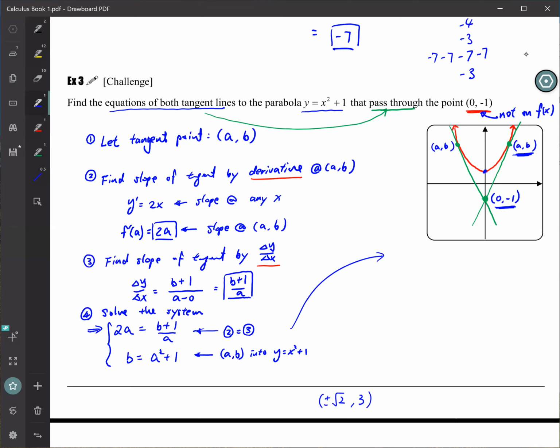Esty, how about you? Oh, wait, I saw something I did wrong. Okay. Sorry. It's okay. Terry, what's yours? I got plus minus root 2 and 3. Okay. Oh yeah, that's what I have too.